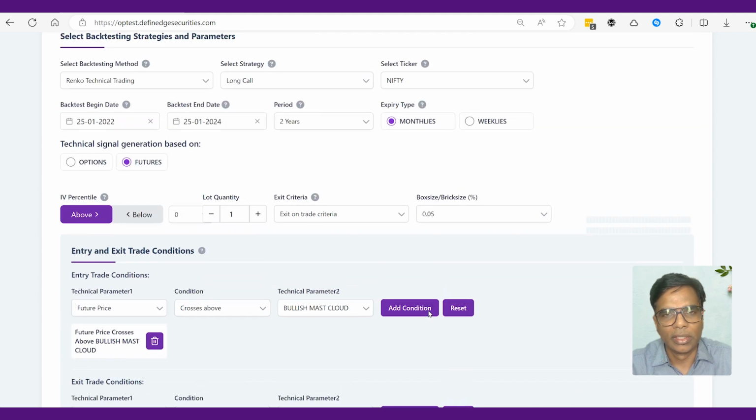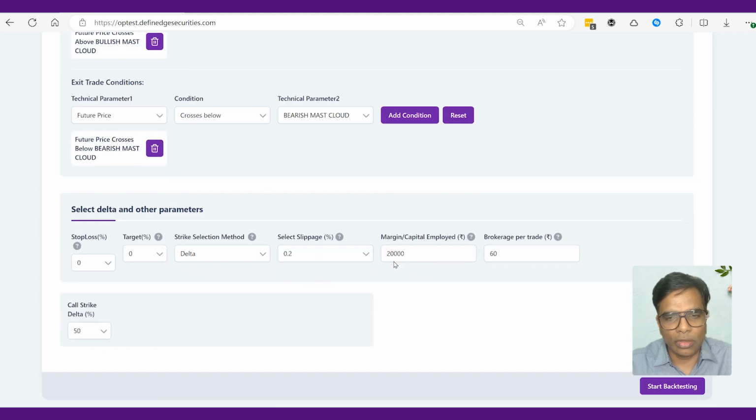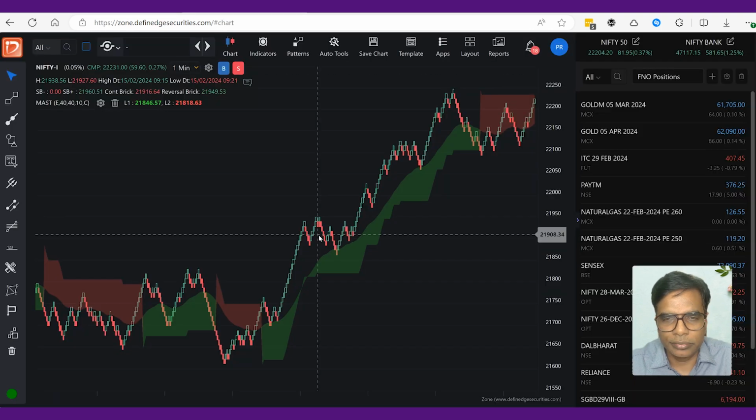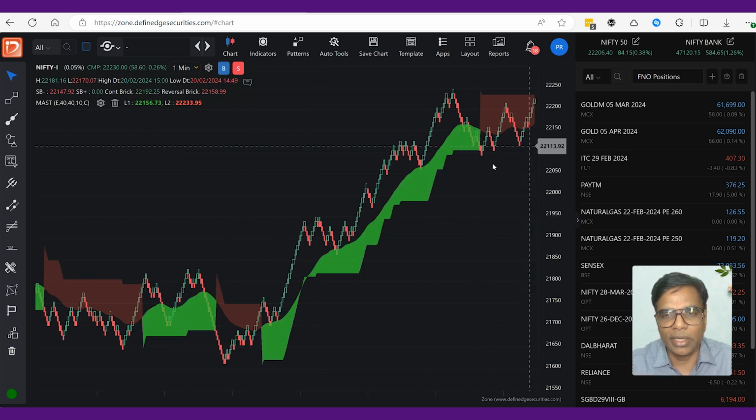Okay. Now we do the backtesting. This will take some time because the chart has to be generated in Renko on the futures to generate the signals, and then we have to come back to the options and choose the right option strike on the right expiry, and then we enter and exit as per our trade entry and trade exit signals.